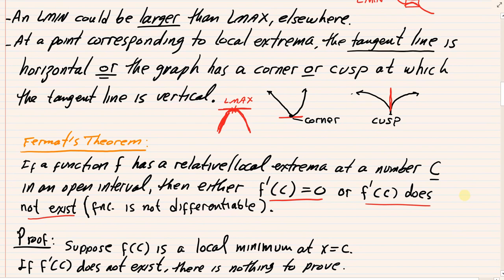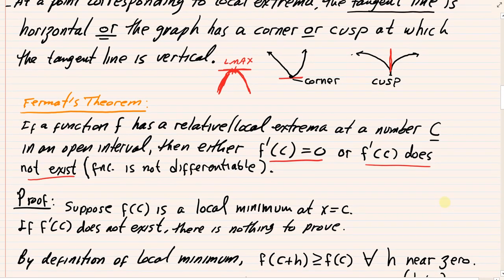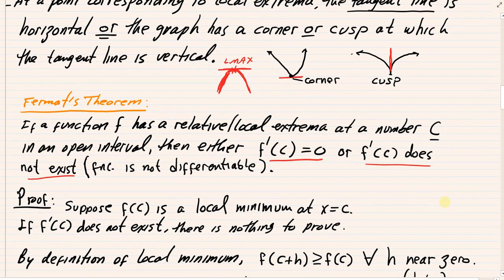Now, I'm outlining a proof of this one for a case where there is a local minimum. In the book, they have the proof for a case where there is a local maximum. So between the book and this one, we covered both extrema. So I'm going to suppose that f at c is a local minimum.